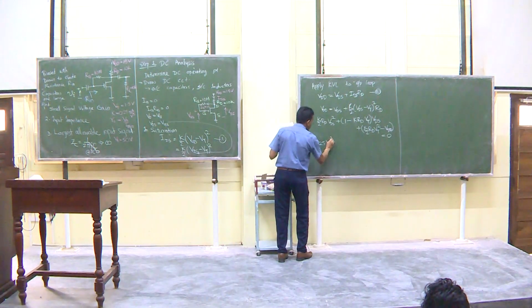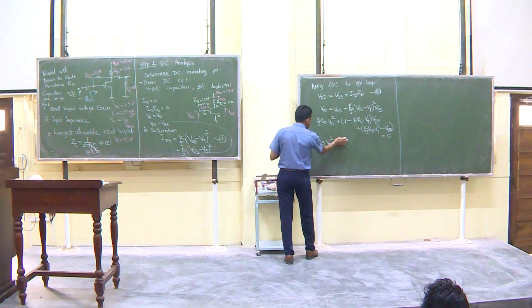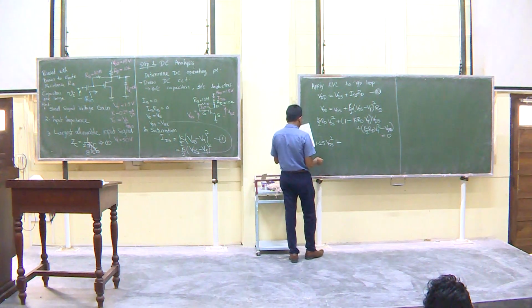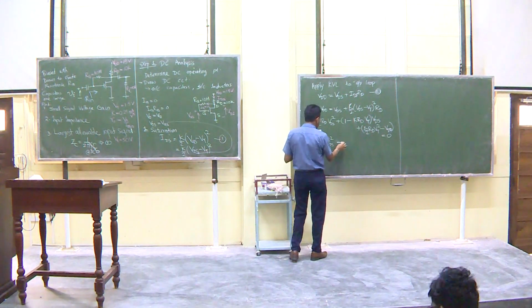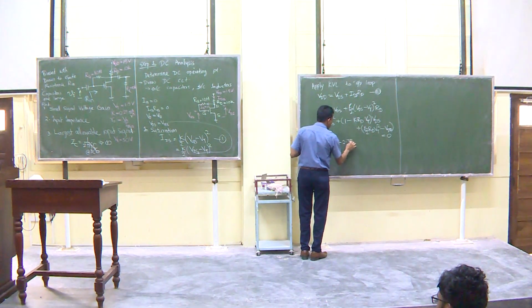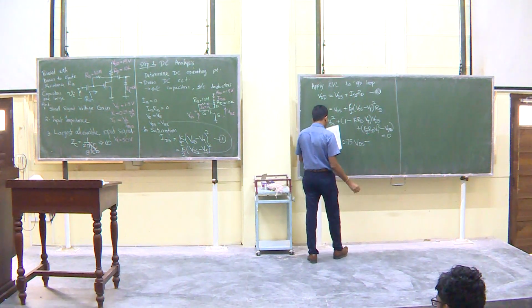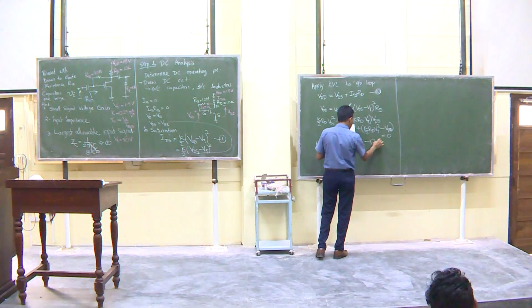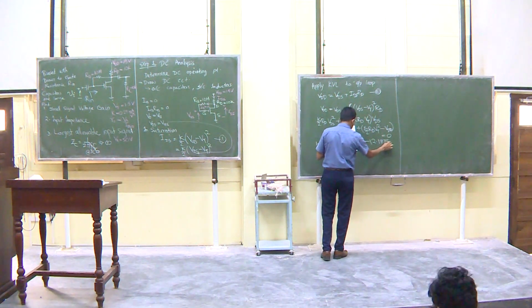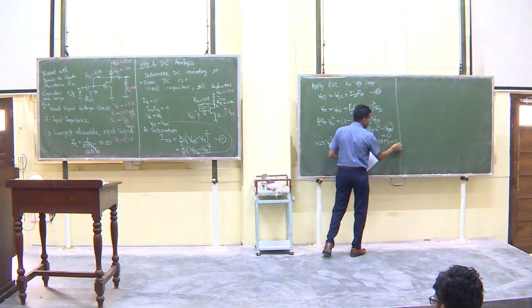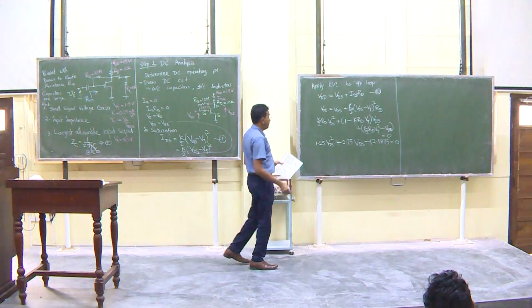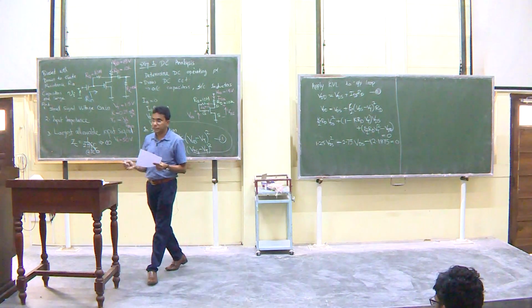If you apply all this, you will get 1.25 VDS squared minus 2.75 VDS minus 12.1875 equals 0. That is the quadratic equation that you get.